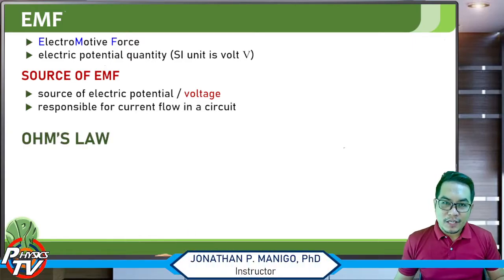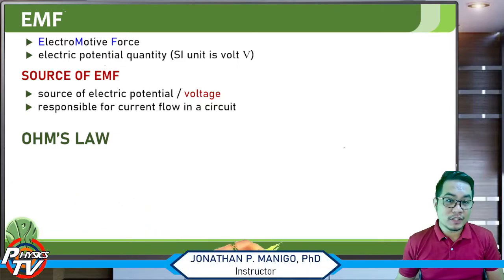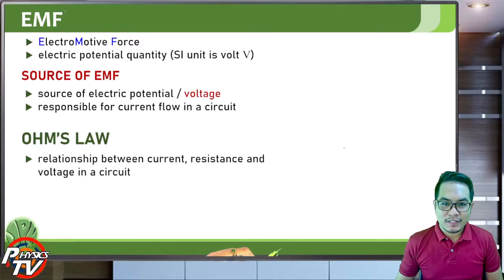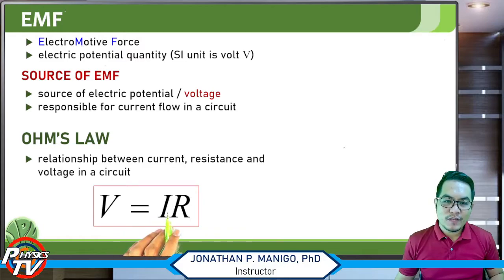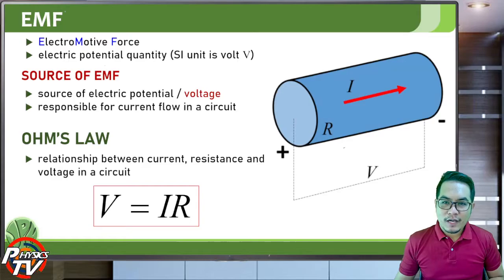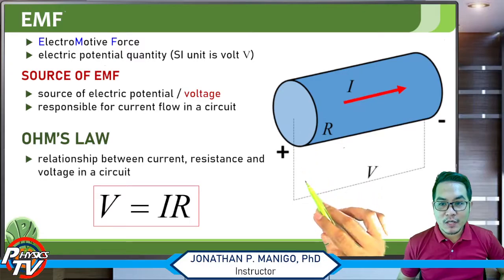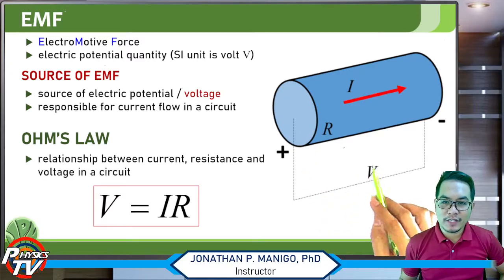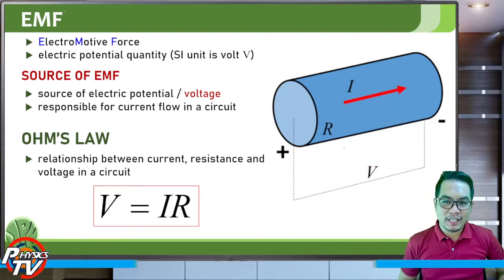So the relationship between the concepts that we have discussed earlier, the current, the resistance, and the voltage or the EMF, is given by Ohm's law. Current, resistance, and voltage in a circuit. The voltage is equal to the current times the resistance. If you connect a material to a source of EMF, say with voltage V, then current will flow through that material.